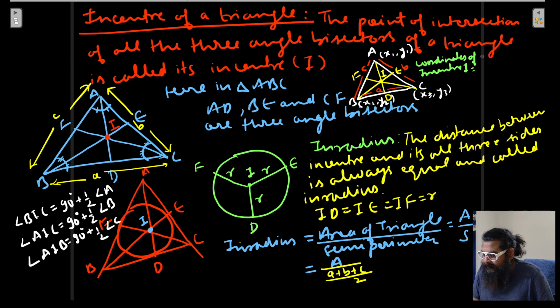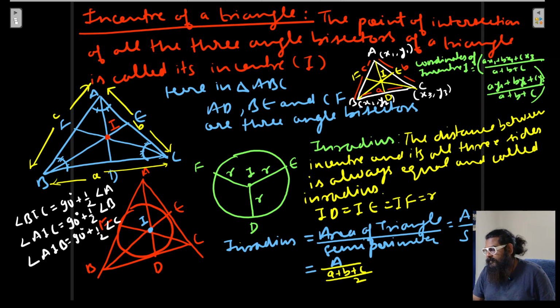The abscissa is a x1 plus b x2 plus c x3 upon a plus b plus c, comma, the ordinate is a y1 plus b y2 plus c y3 upon a plus b plus c. So these are the coordinates of the incenter.